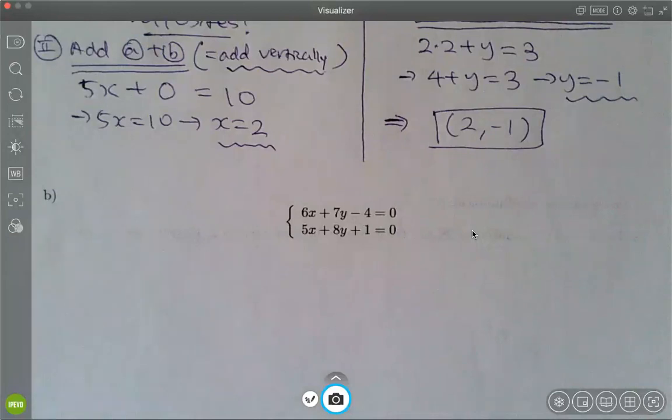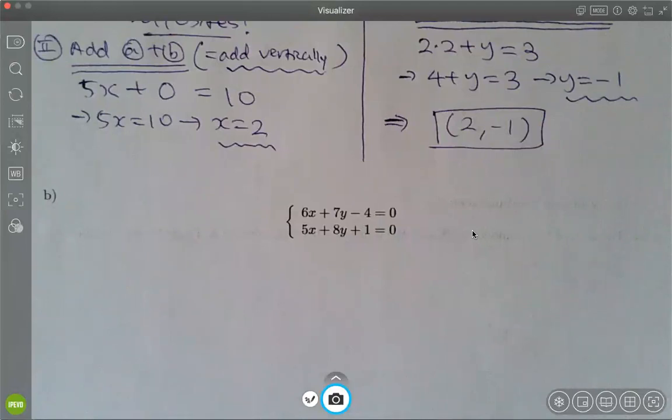Not really. So don't be bothered by that extra term, because all you have to focus on is what? X and Y coefficients, right? Now, here, what are the X coefficients? 6 and 5, right? Are they opposites? What are the Y coefficients? 7 and 8, right? Are they opposites?